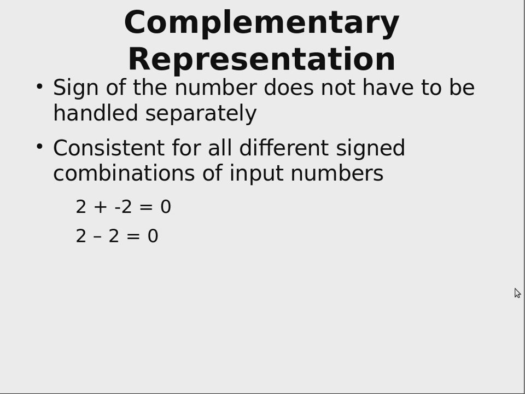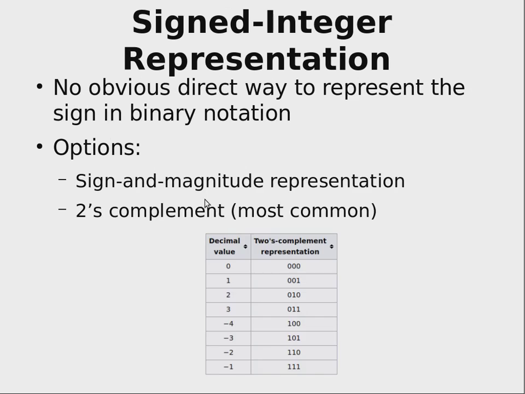And because of that, in computers they actually use a different scheme called two's complement, where for a particular number, you subtract 2 from it, and then you invert all the bits.